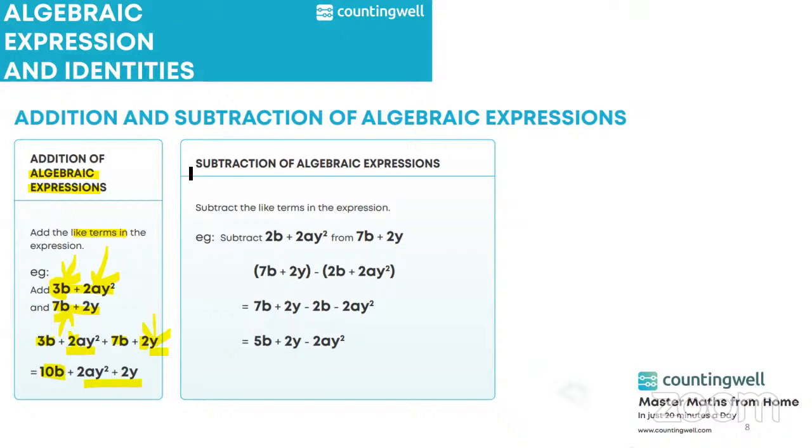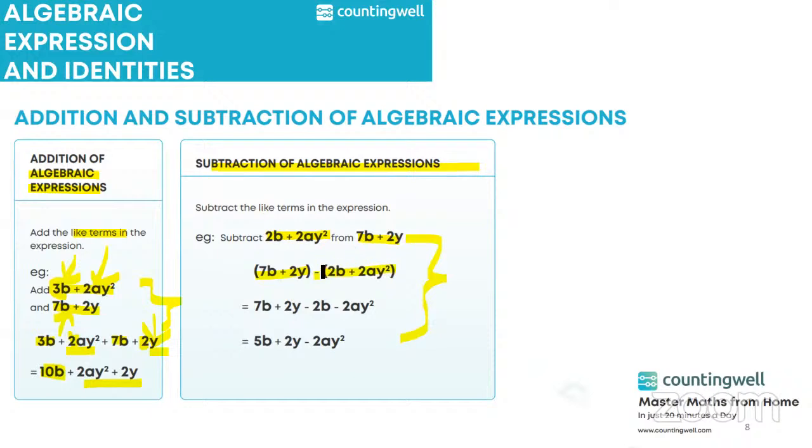Okay. Next we'll see subtraction of algebraic expressions. It is the same as adding the like terms; here we are subtracting the like terms. Here you have to be careful when there is a minus sign outside the bracket. So we are subtracting 2b plus 2ay square from 7b plus 2y. Correct? So we will write 7b plus 2y in one bracket and minus 2b plus 2ay square in another bracket.